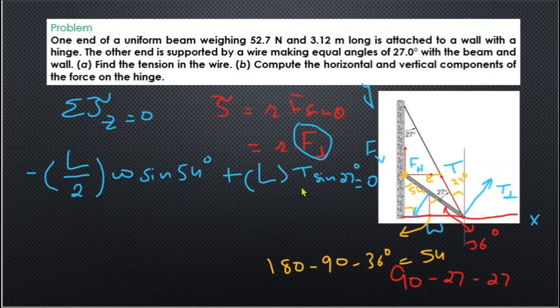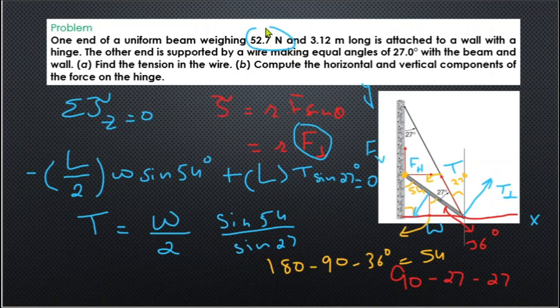Now, if I want to find out the value of this tension force from that relation, then this can be found as T equal to W by 2 times sine of 54 degrees divided by sine of 27 degrees. Now the weight is equal to 52.7 newtons as given in the statement of the problem.